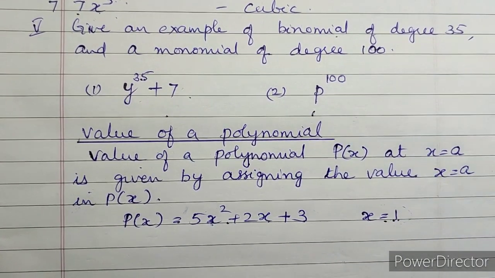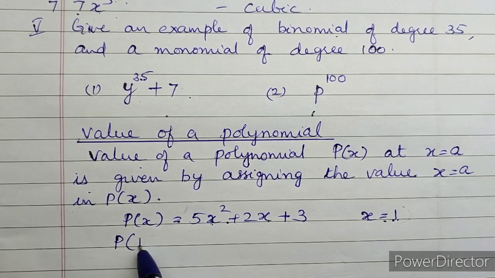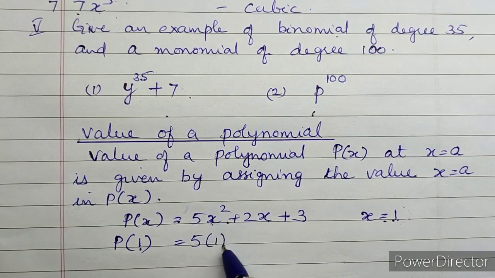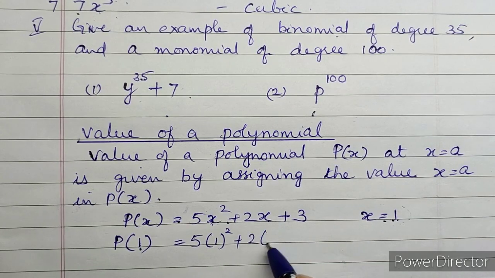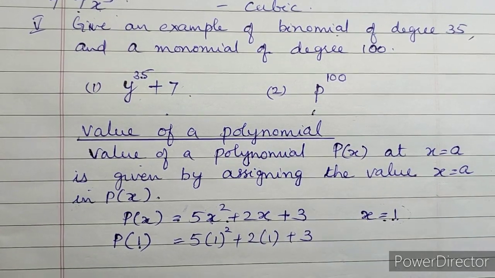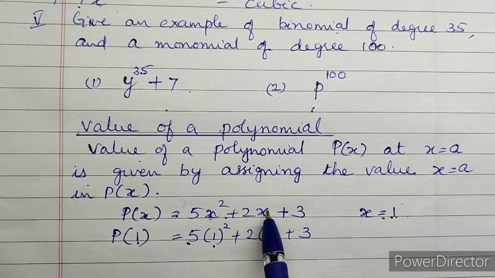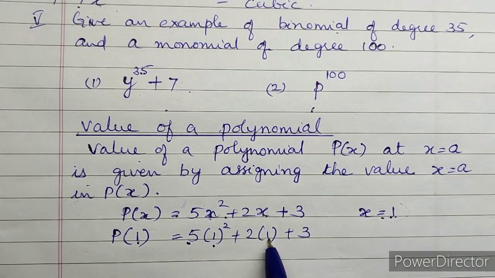So you will get the value of that polynomial. So here also p of 1 you should write. That means instead of x you are giving one number. So wherever x comes you have to put it as 1. 5 into 1 square plus 2 into 1 plus 3.